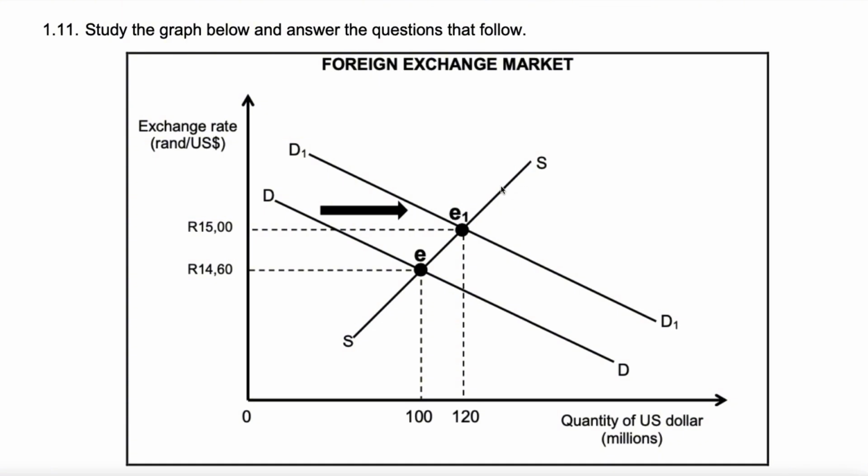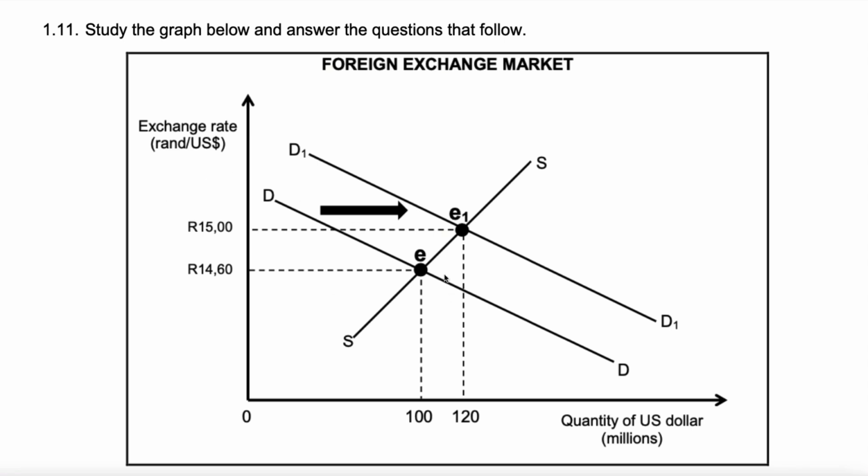Now, what can cause a decrease? What can cause an increase? A decrease is caused by fewer Americans coming to South Africa, fewer Americans buying South African goods, and so on. And then an increase will just mean the opposite, which is more of everything I said.